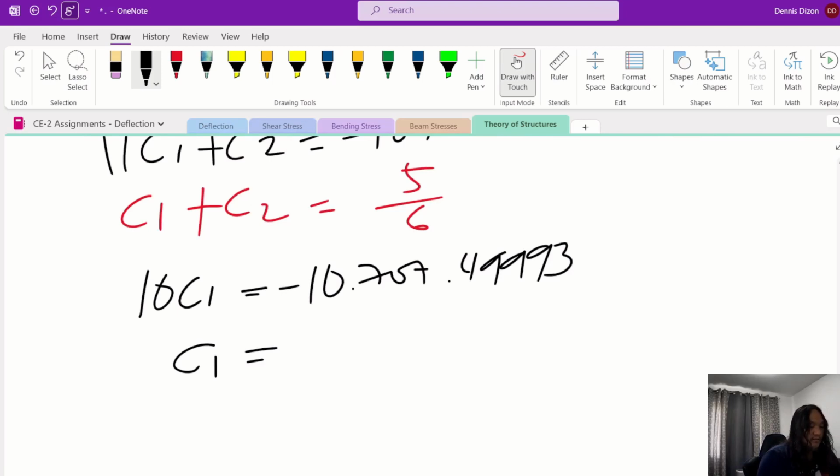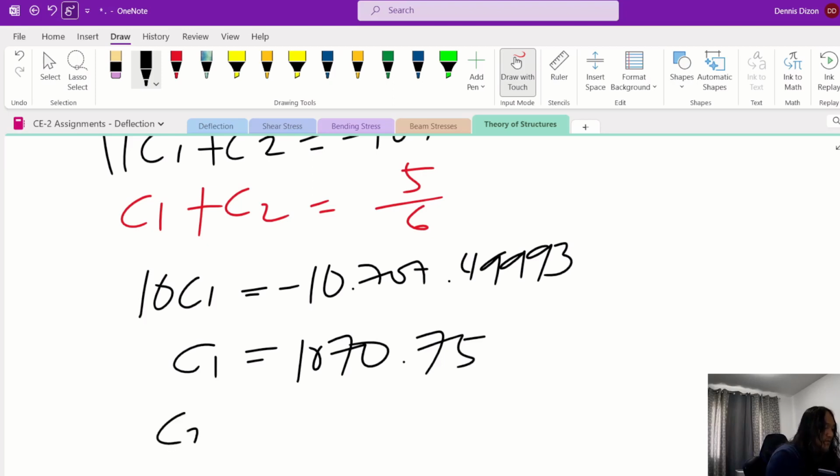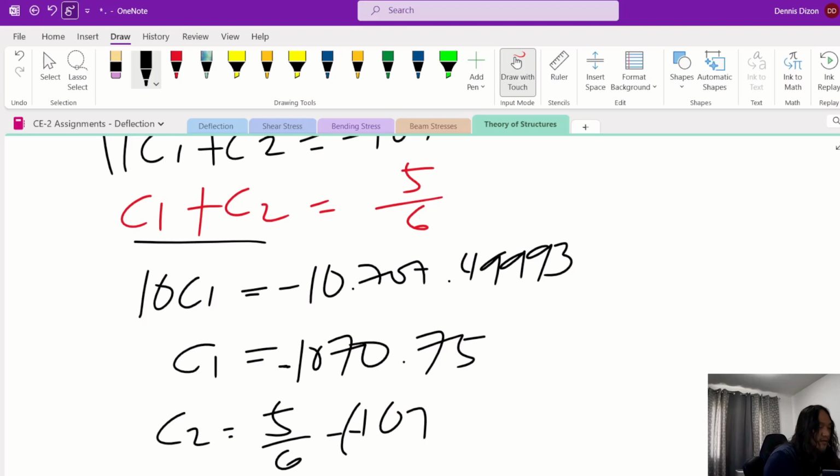Therefore, C1 is equal to minus 1,070.75. And then C2 is equal to, from here, 5 over 6 minus C1, which is negative, minus 1,070.75, right?